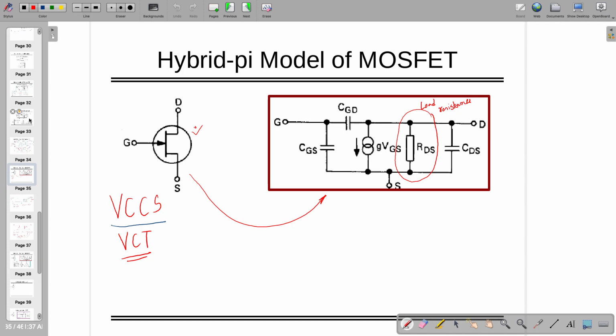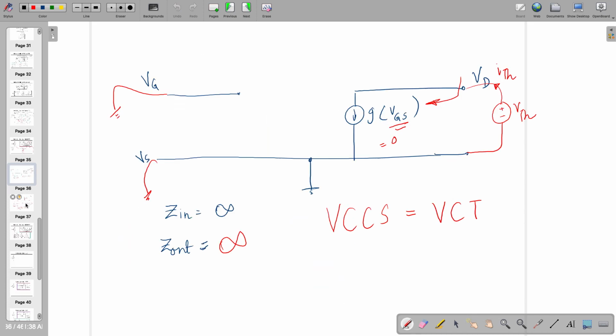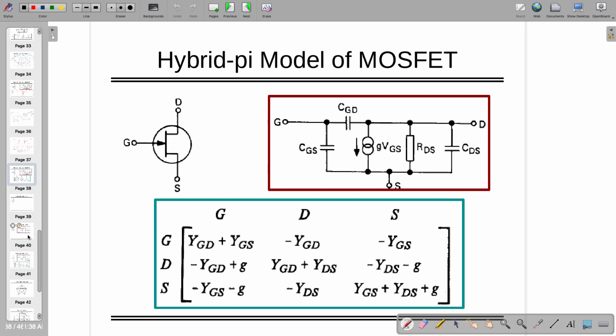So what will be YGG, I should say. Similarly, you can write down the others. So everything is written in terms of Y, which is admittance.